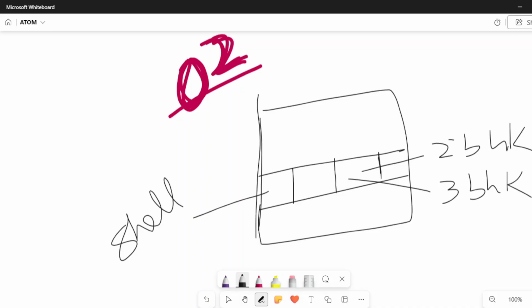Those rooms are your subshells, S, P, D, F. And your electrons are nothing but the beds, queen bed, king bed, or double bed, single bed inside these different types of apartment. So this is the analogy to understand how these subshells, shells, and the electrons are present in an atom.